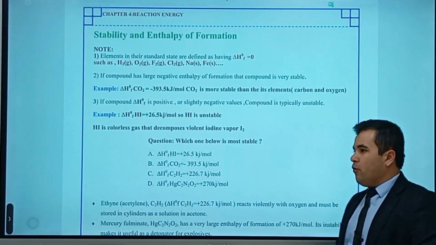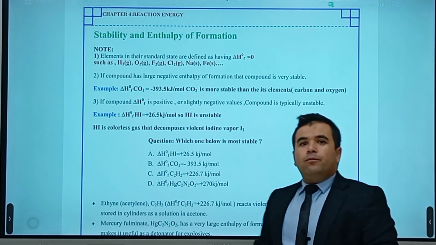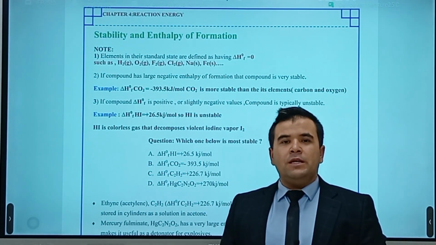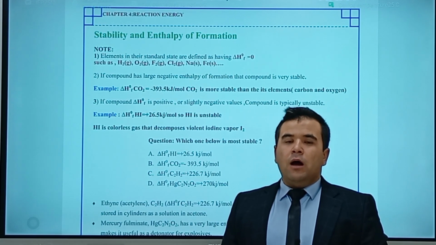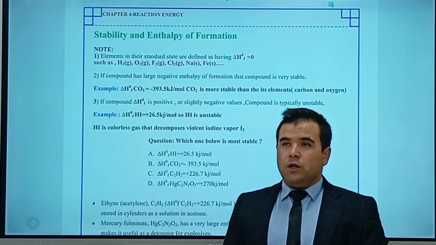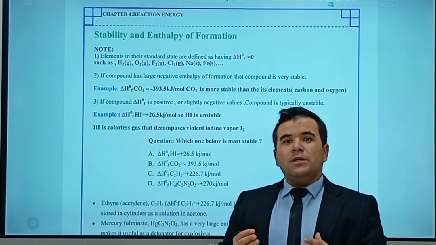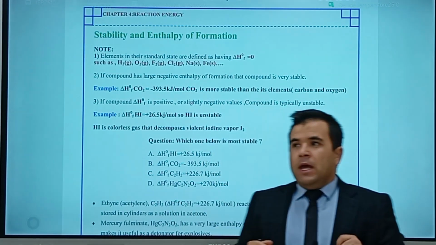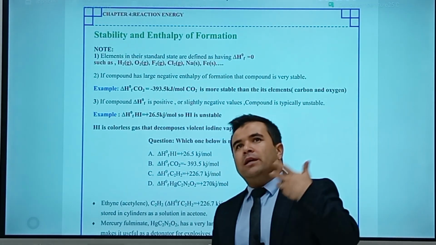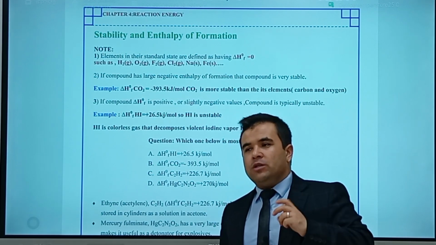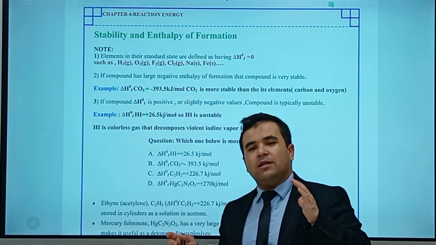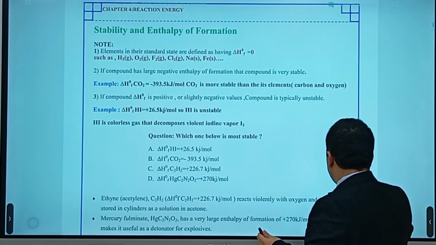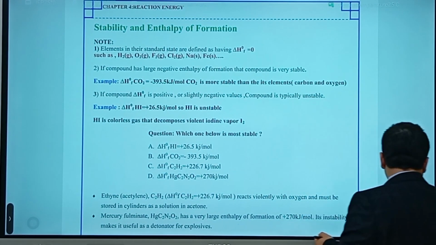Stability and enthalpy of formation, guys. In the beginning of the session, we talked about the stability in the course of reaction for exothermic and endothermic. We said the stability changes inversely with the energy. As a system has a high energy, it has the least stability. But a system with low energy has a high stability, guys.